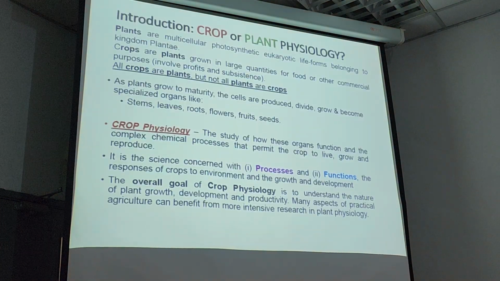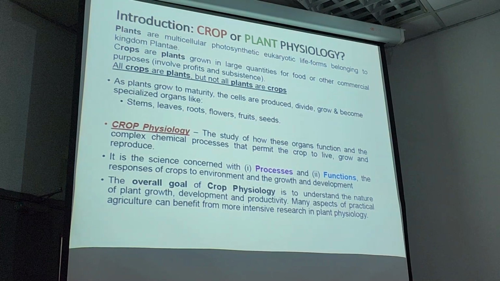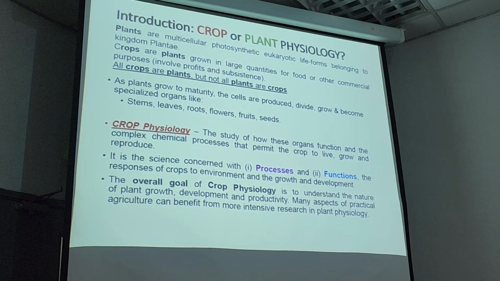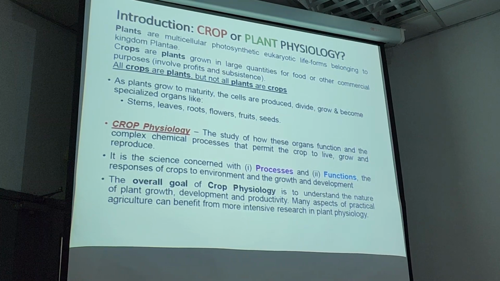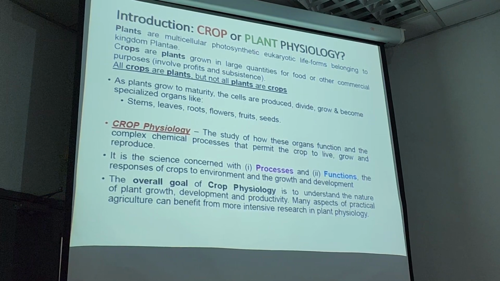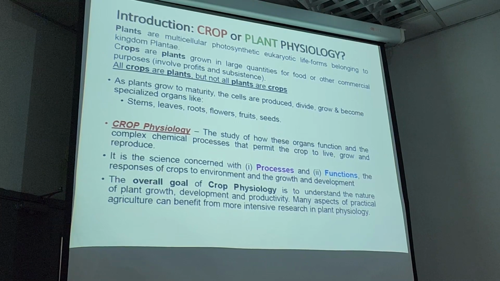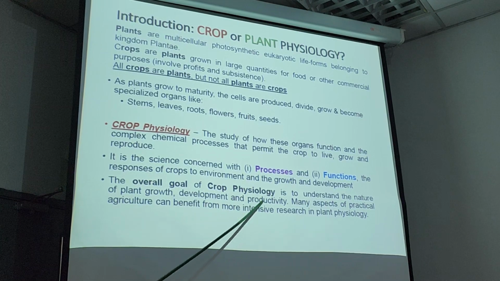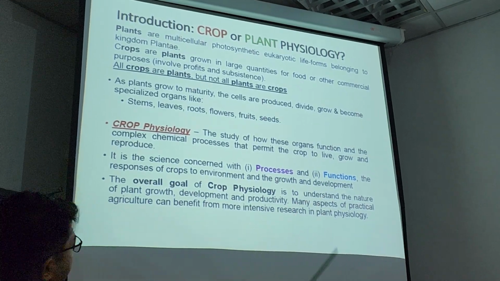Right. Let's see about the introduction. So this is pretty much what I have mentioned earlier about the concept of crop physiology, and that is you understand and you are able to describe the 2 important things in physiology: the processes and the functions.